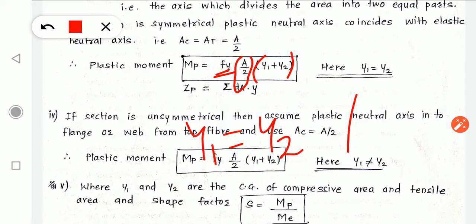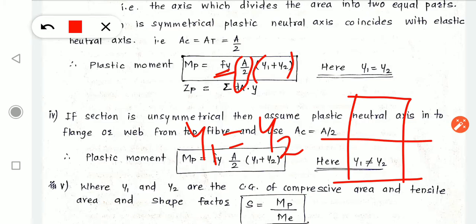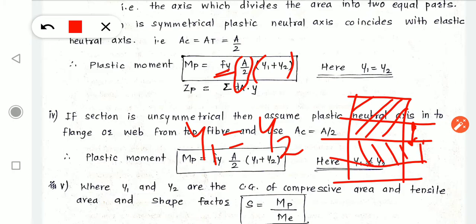I have written this because when you cut your cross section into equal areas, the depth of the upper part will be exactly the same as the depth of the lower part. The compression and tension areas are equal, therefore the depth of the centroid is also equidistant from the neutral axis, therefore y1 becomes y2.